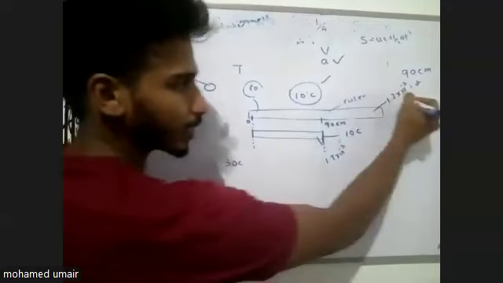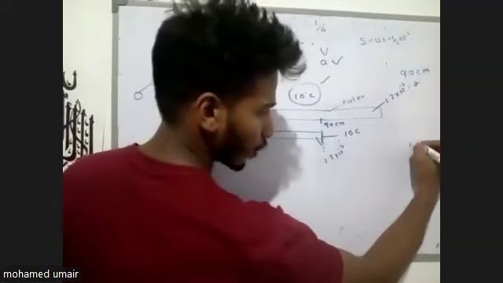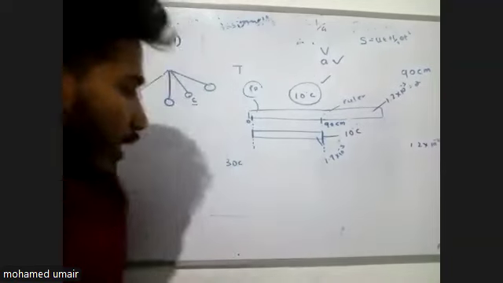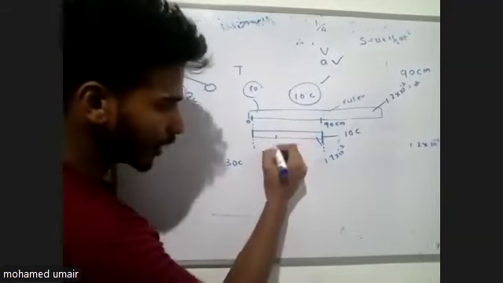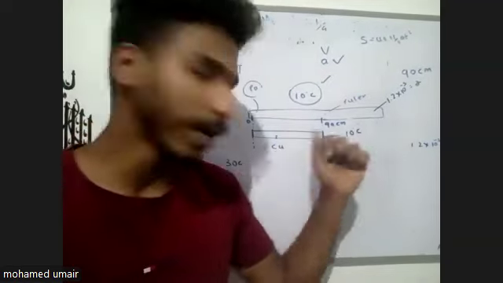The linear expansivity of lead is 1.2 into 10 to the power minus 5, whereas the linear expansivity of copper is 1.7 into 10 to the power minus 5.